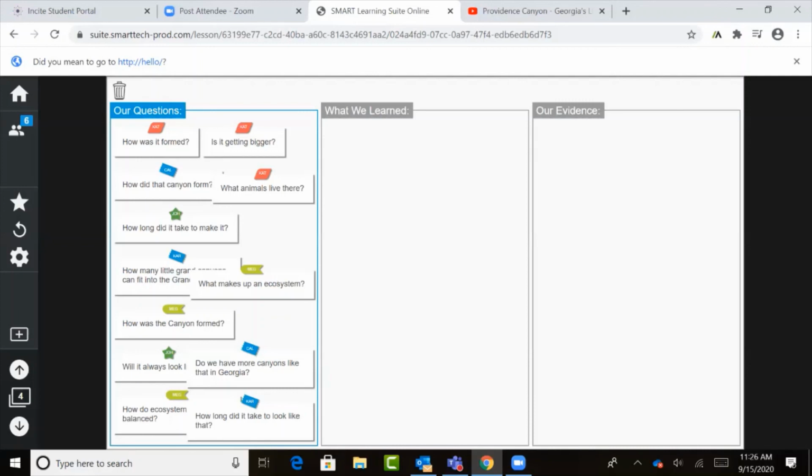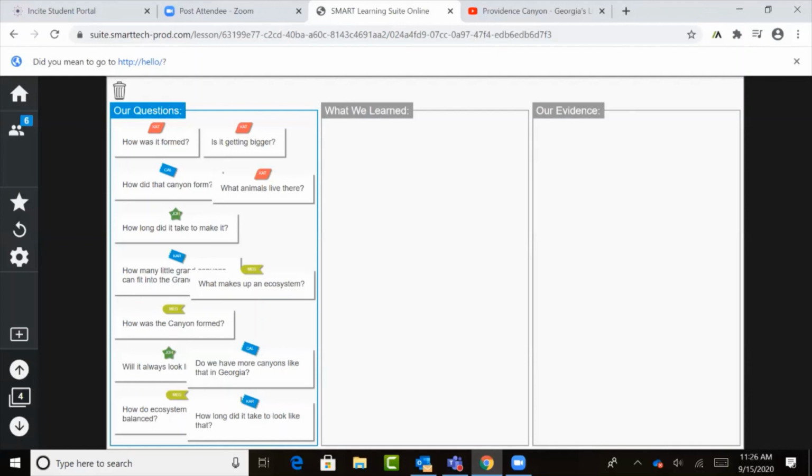And when we get back together tomorrow, we're going to look at these questions again, and we're going to talk about what we learned. And then we're going to write down some of the evidence. So we can answer some of these questions about how did that canyon form? Will it always look like that? Do we have more canyons? I'm sure you got a couple of those answers from the research that you did today.